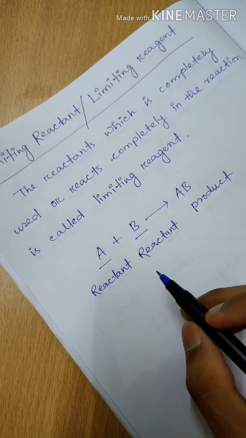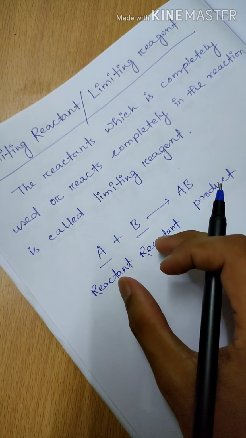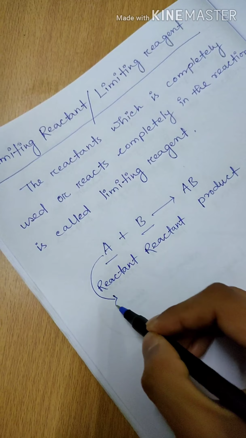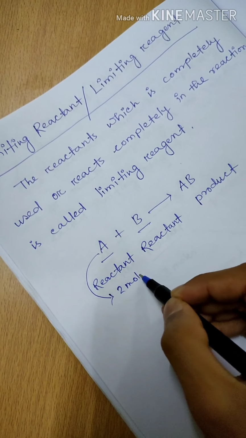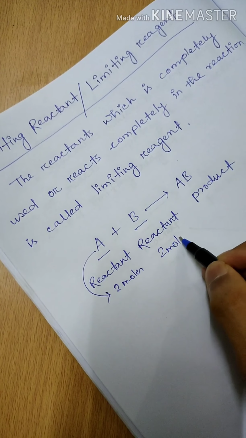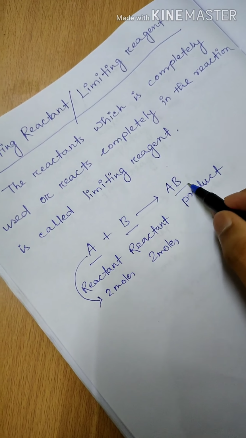Now suppose this reaction mixture contains 2 moles of A and 2 moles of B, which gives the product AB.